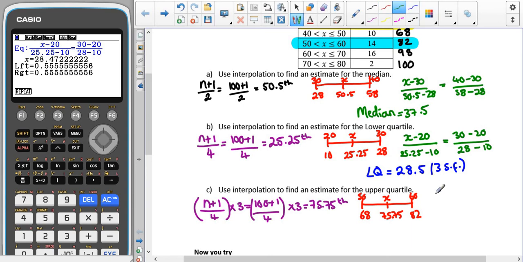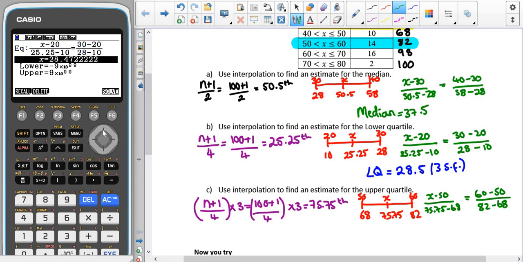So again, we draw our fractions, so that's x minus 50 divided by 75.75 minus 68 equals 60 minus 50 divided by 82 minus 68. And again, we can put it into here. Just start typing. If you click exit, it'll come up like this, and then you can click up to get back to this part.